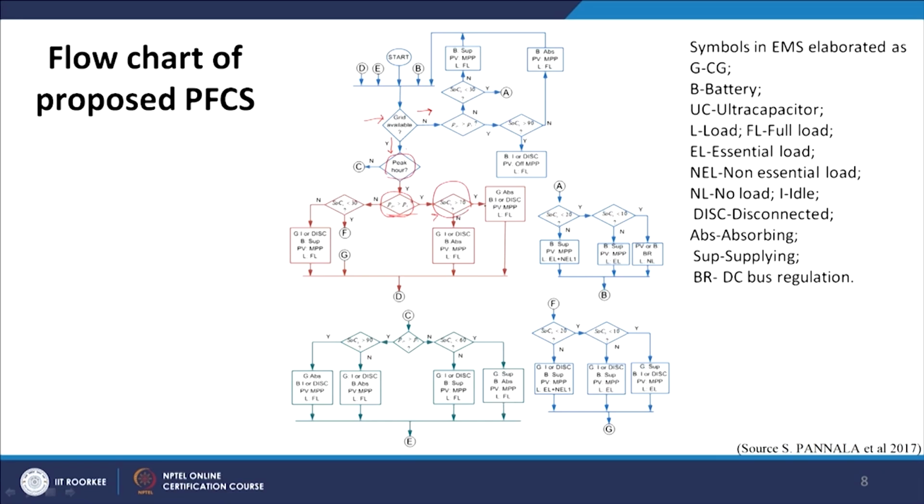If it is more than 70%, then you come to this point where you operate at full load, and PV you also allow at MPP, but do not charge your battery, the storage is no more required. But if it is not charged, then you operate with the grid and the battery is still absent, the PV is at MPP operation and the load is at full load.